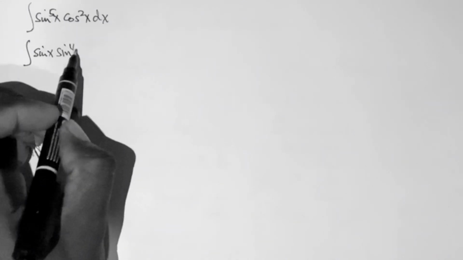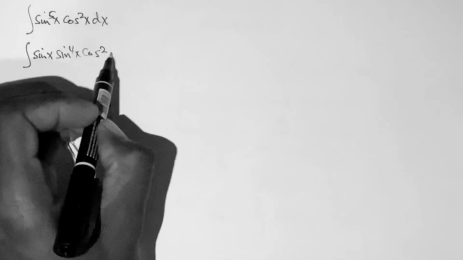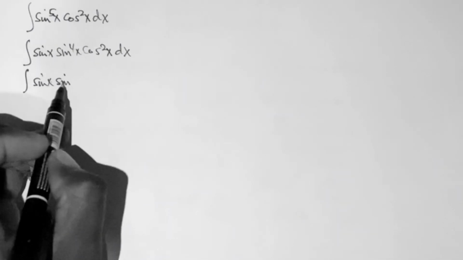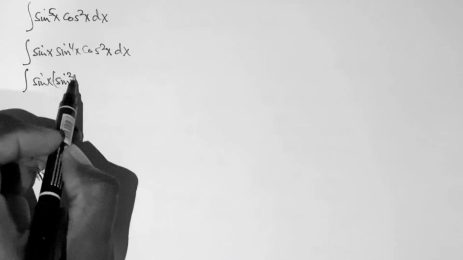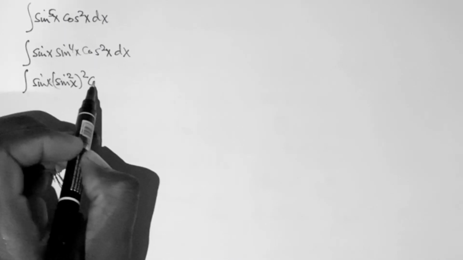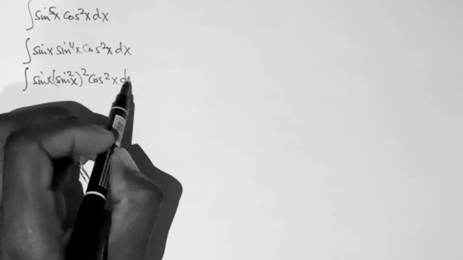So now I want to rewrite this as integral of sin x, then sin^4 x cos^2 x dx. And then I can further rewrite this as sin x, then (sin^2 x) all squared, then cos^2 x dx.